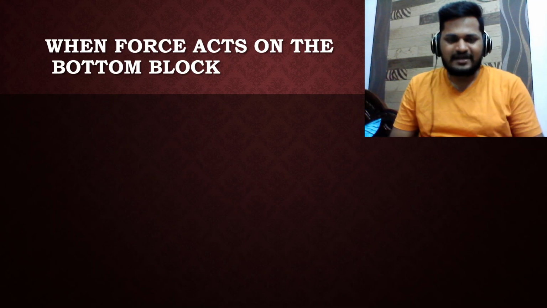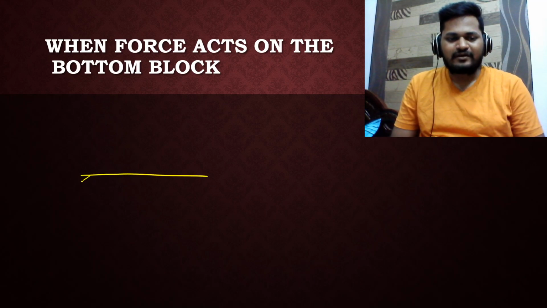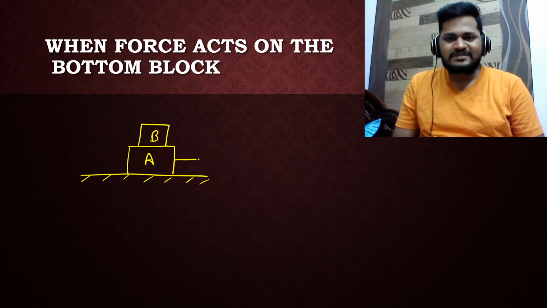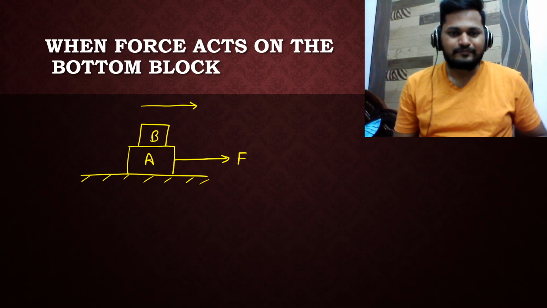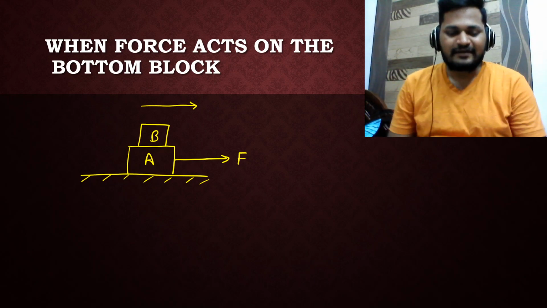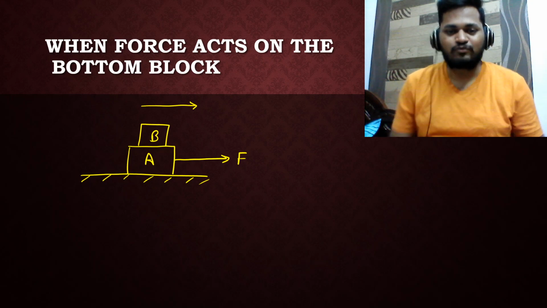Previously we were talking about a case where there are two blocks, one above another, block A and block B, and a force is being exerted on A such that both the blocks are moving in the same direction. Let us justify the statement: friction opposes relative motion.